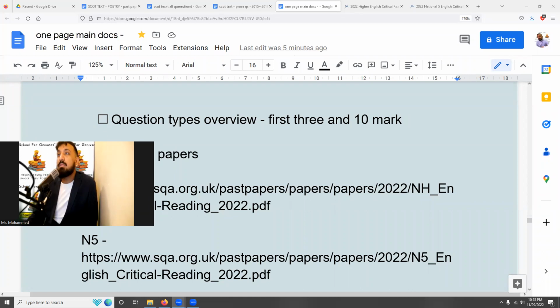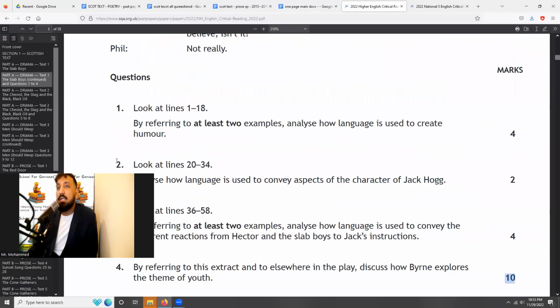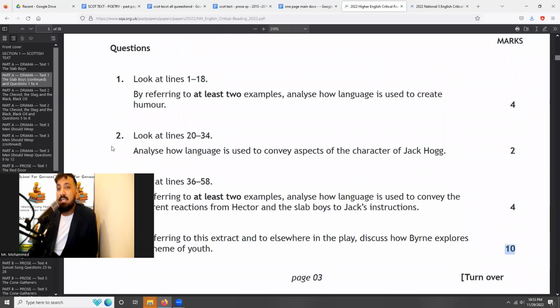When it comes to the Scottish text exam, you have two different parts in the way the questions are laid out. So you have the three or four questions which talk about the extract.